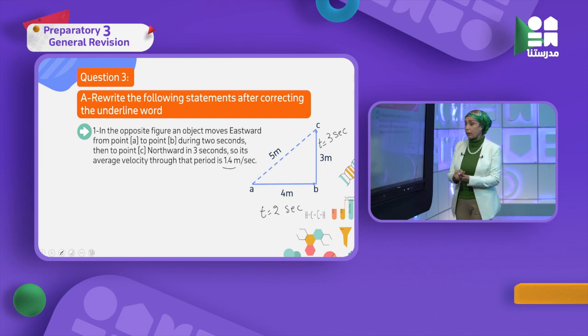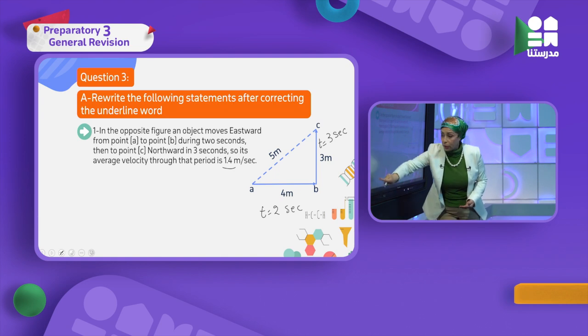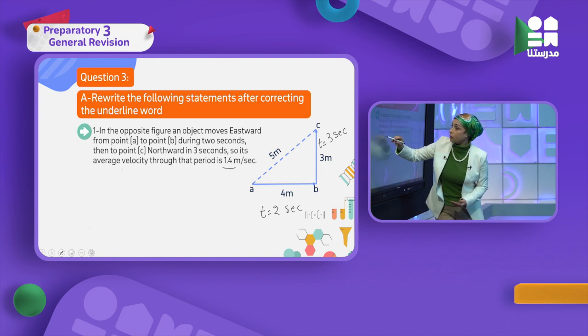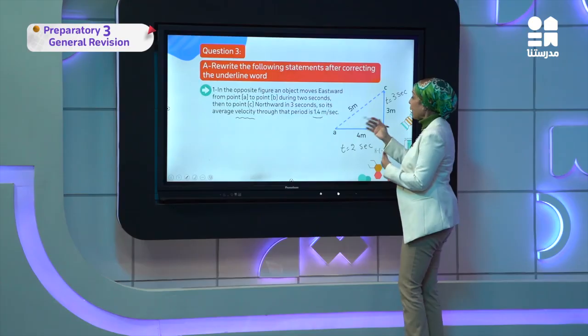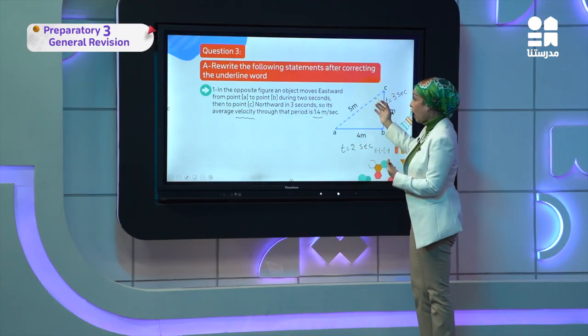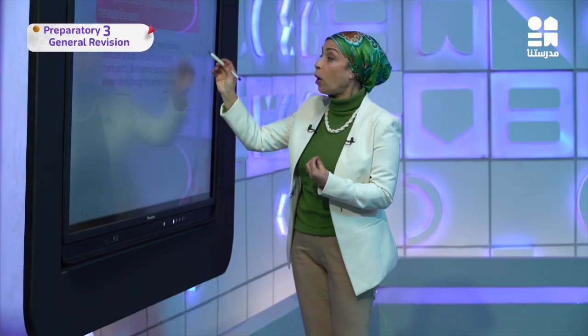Because it says rewrite. Here he asked me about velocity. Let's stop here for a moment. What's meant by velocity? Velocity is the displacement covered by the body in time. Here, for the moving body, which part is considered displacement?